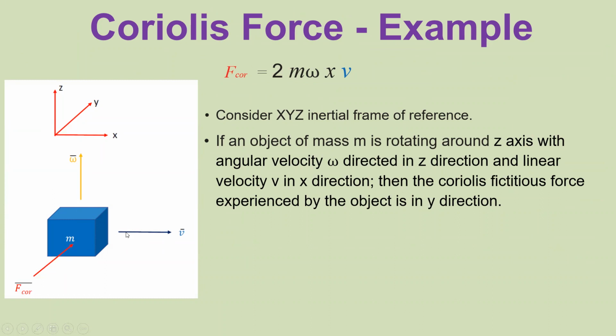And in this case, you can see the angular velocity is directed in this direction. Angular velocity is directed in this direction means what is the direction in which it is rotating? This cube is rotating anti-clockwise.